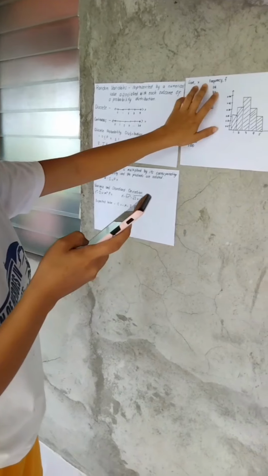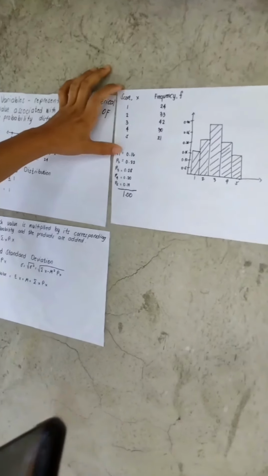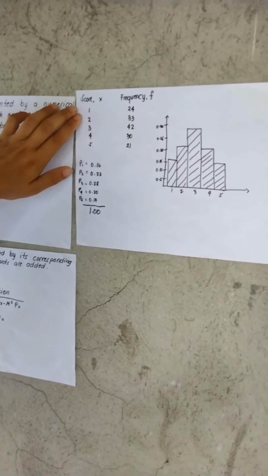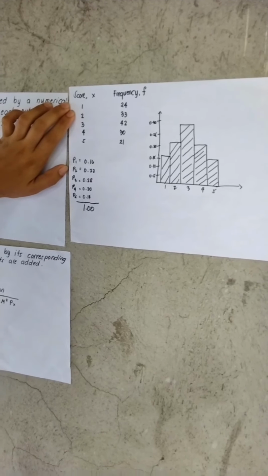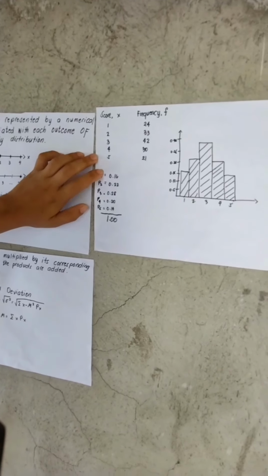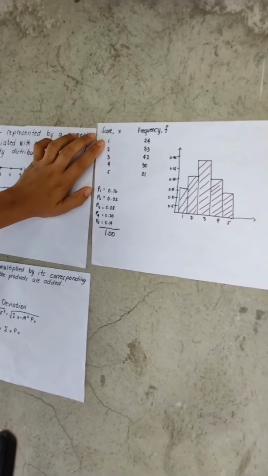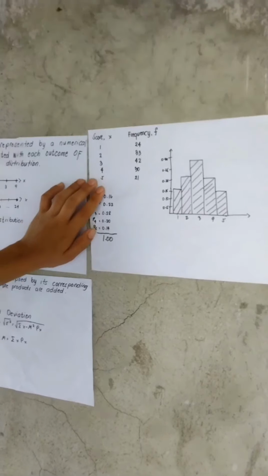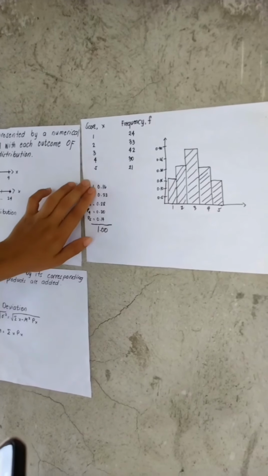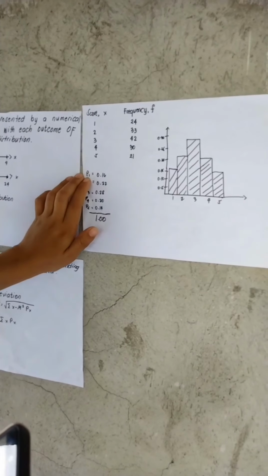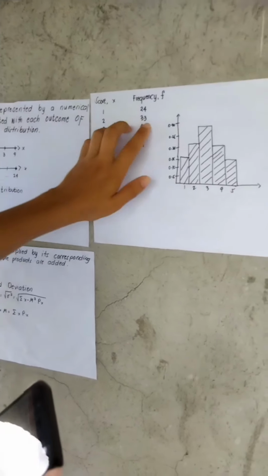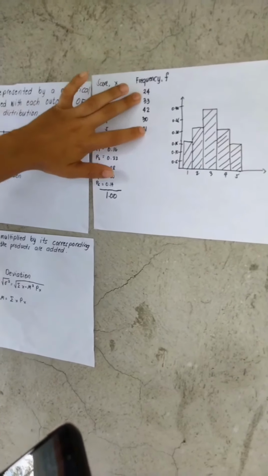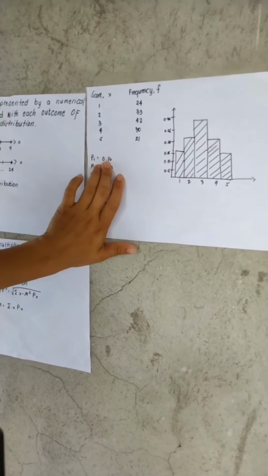And this was the one I constructed for 150 employees, from 1 to 5, where 1 is extremely passive and 5 is extremely aggressive. So in this, we have the solution: P1 is 24 divided by 150, the total number of employees, which is equal to 0.16.